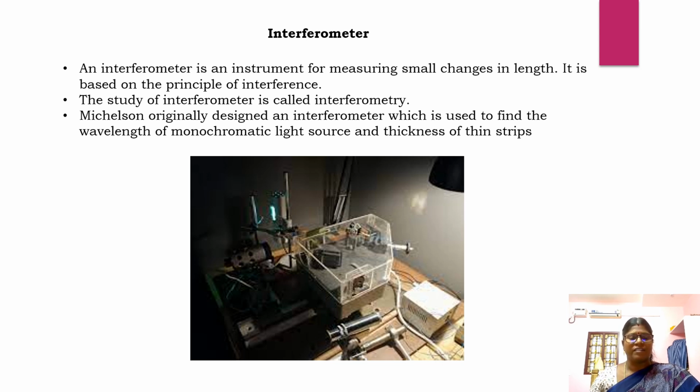Michelson is the scientist who originally designed the interferometer, which is used to find the wavelength of a monochromatic light source and the thickness of thin strips. This diagram shows the image of the Michelson interferometer.